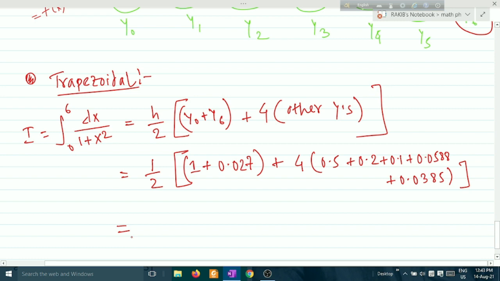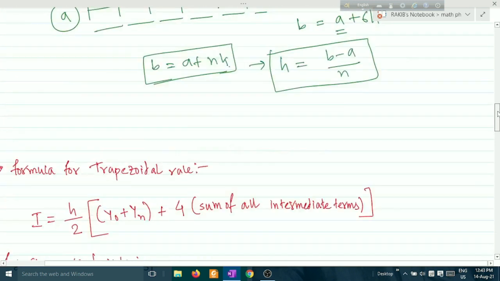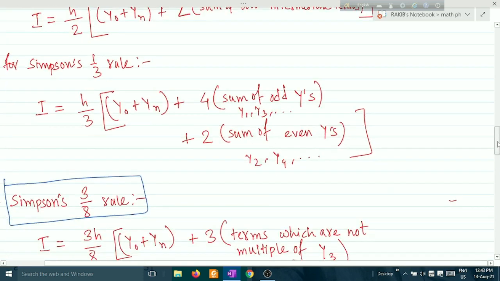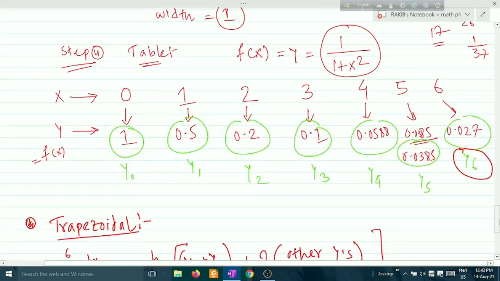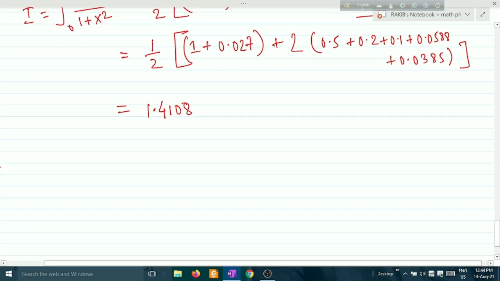I think in the trapezoidal rule I have written a wrong formula here. So make it correct. Let's write this thing here, 2. Here will be 2, and this is all 2. By putting this 2, what we get here? 1.4108 as the result.